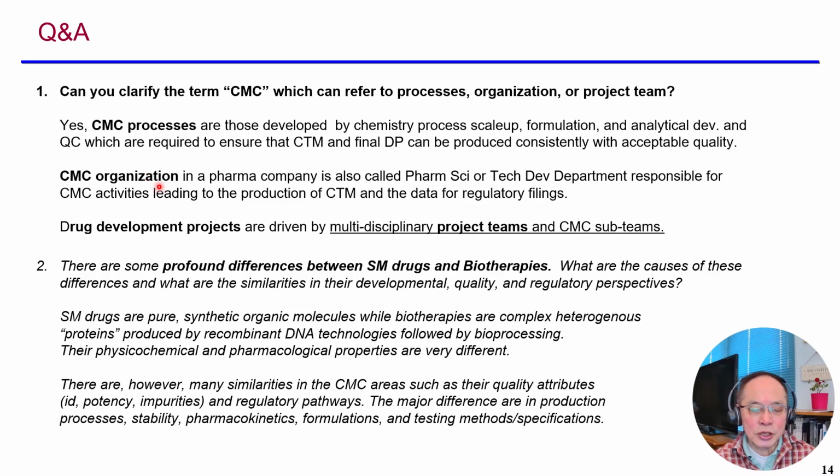CMC organization in a pharmaceutical company is often called the pharmaceutical science or technical development department, responsible for CMC activity leading to the production of CTMs and the data for regulatory filings. In most pharmaceutical companies, drug development projects are driven by multidisciplinary drug project teams with CMC sub-teams.